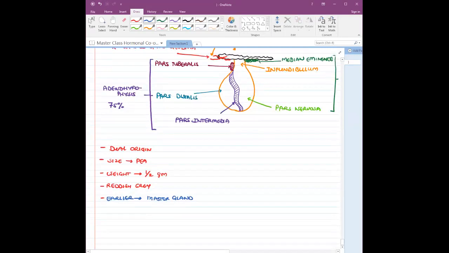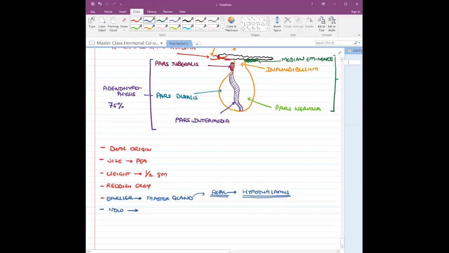But now, guys, slowly as science advanced, we realized that it is not the actual master gland, because this is further under the control of your hypothalamus. So today, if we talk about the master gland, the real master gland is your hypothalamus, because hypothalamus controls your pituitary, and pituitary is then going to control all your other endocrine glands.